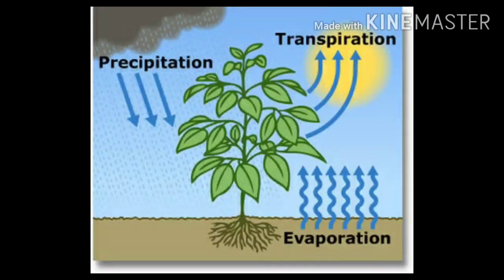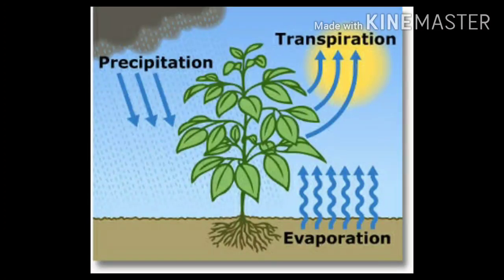Now next we will discuss transpiration. This is the process by which there is a loss of water in the form of vapor by evaporation from the surface of leaves. It has a cooling effect. You must have seen when we stand under a tree during summer season, we feel cool.